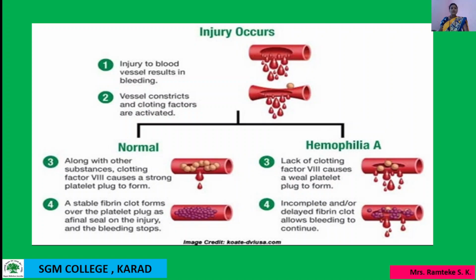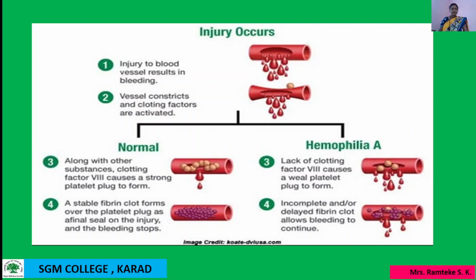Queen Victoria of England, who ruled from 1837 to 1901, was believed to have been a carrier of hemophilia. She passed the trait on to her 9 children. That is the reason hemophilia is referred to as the royal disease.